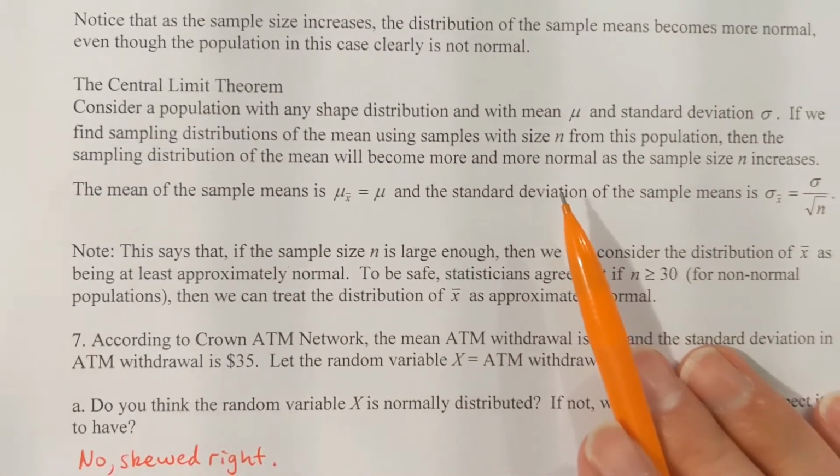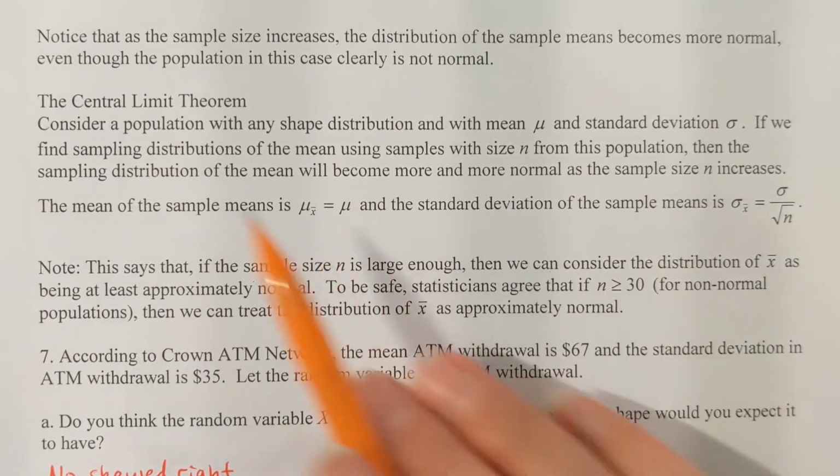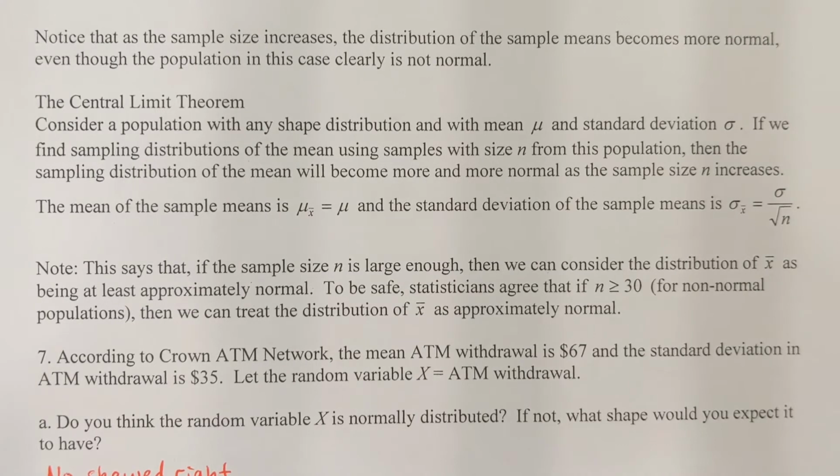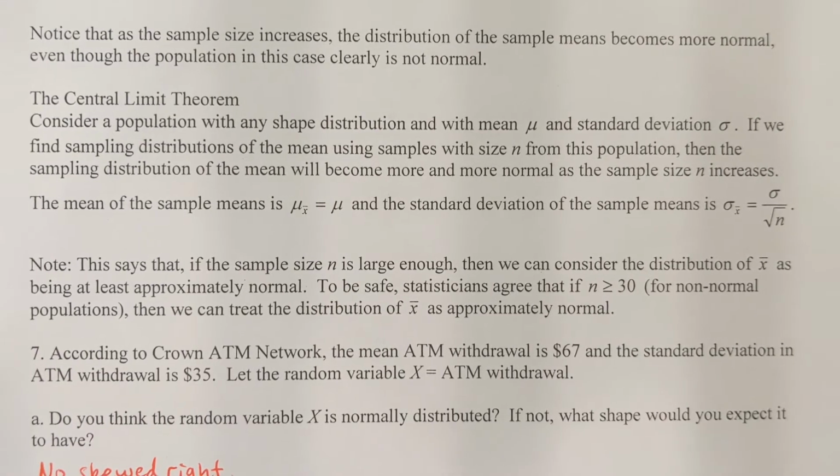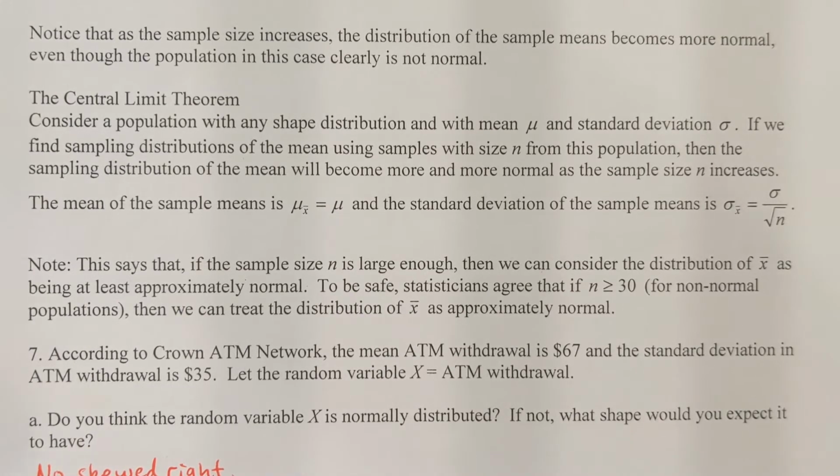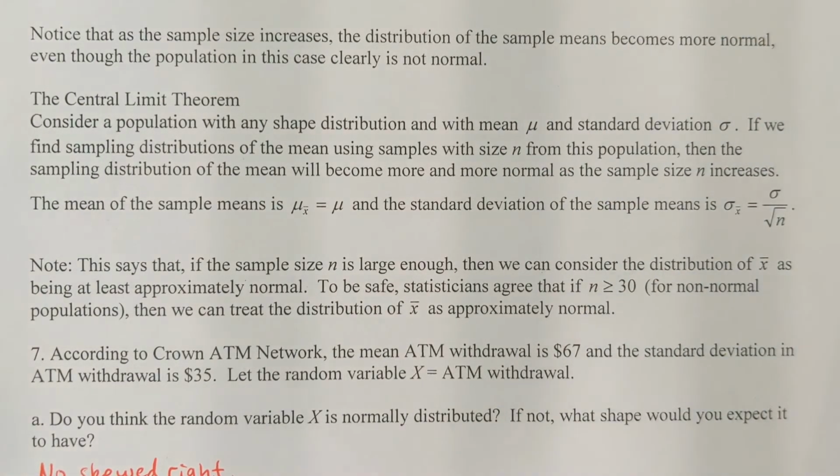From that, we have the central limit theorem, and it says, consider a population with any shape distribution and with mean mu and standard deviation sigma. If we find sampling distributions of the mean using samples of size n from this population, then the sampling distribution of the mean will become more and more normal as the sample size increases, just like what happened here.